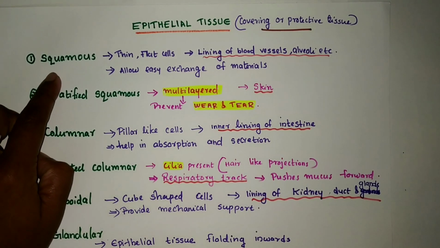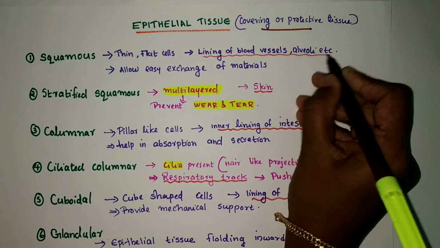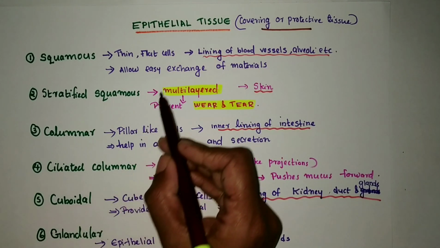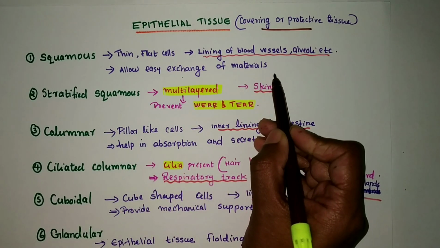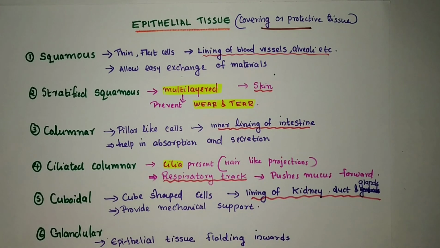The first one is squamous epithelium. Thin flat cells make up squamous epithelium, which forms the lining of blood vessels, alveoli, etc., and it allows easy exchange of materials. Next is stratified squamous epithelium, which is the same as squamous epithelium, but many layers will be there.